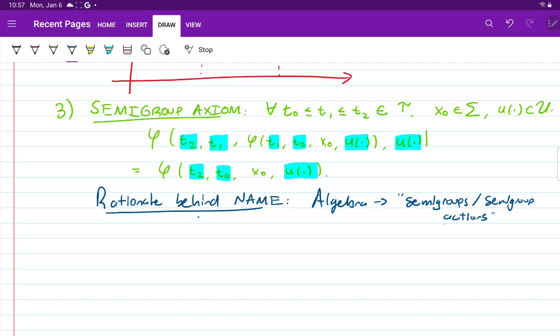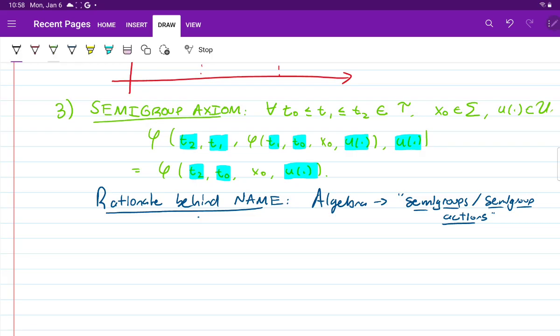You could open up any algebra textbook or just give this a Google and see if you can notice any connections between the definition of a semigroup or a semigroup action and what we've just said over here. This is, again, really just a fancy way of saying the state transition map behaves well under composition, okay?